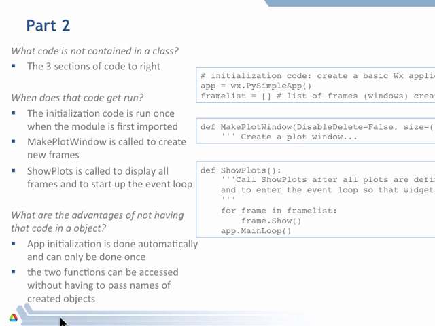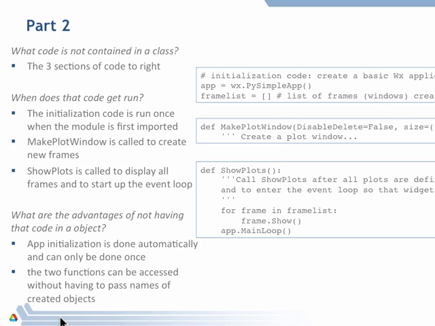Everywhere you have an import of this module, you can access make plot window. You don't need to worry about creating an object and then getting that object to where you need to call it. Likewise, you don't have to worry about getting the object to where you're done with all the code creation, and you're ready to start the GUI creation and the event loop, which is, in a sense, the last thing you do in your code.